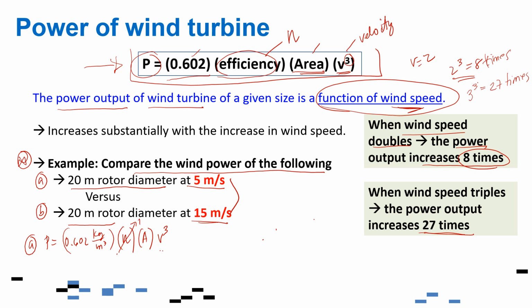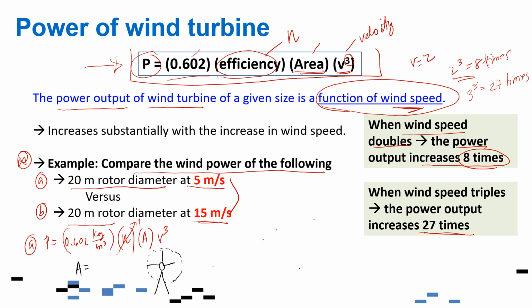And the area, if we look at the turbine, I will make a turbine here. If a 3-blades turbine, the area is basically the area where the rotation of the turbine is. So that is the cross sectional area of the rotor.